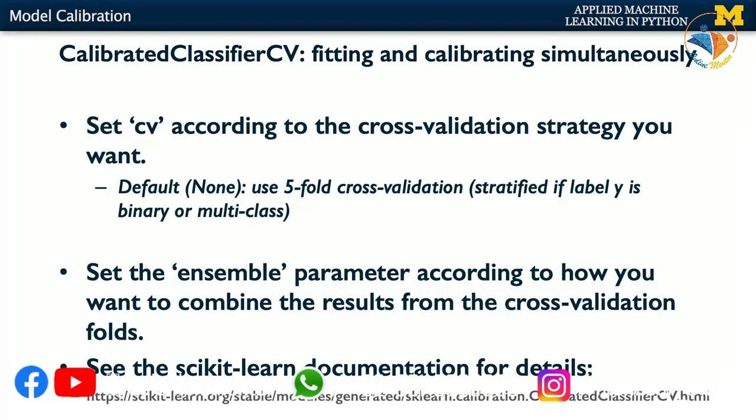And you can set the ensemble parameter according to how you want to combine the results from each of these cross-validation folds. I'm not going to go into too much detail here about all the different combinations of scenarios you can handle. You can see the scikit-learn documentation at the bottom of this slide for more details.